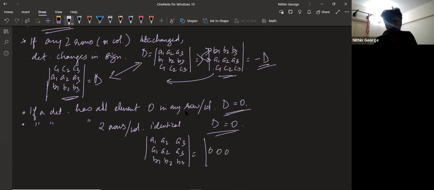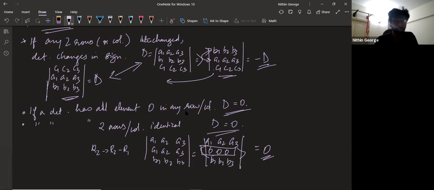Then you will get one of them as 0, 0, 0. To find the value of the determinant, you can open by any row, so imagine you're opening by the 0, 0, 0 row. You will get your determinant as 0. Here you just put R2 becoming R2 minus R1, and the middle row R2 becomes 0, 0, 0.